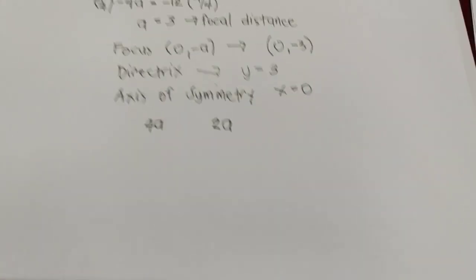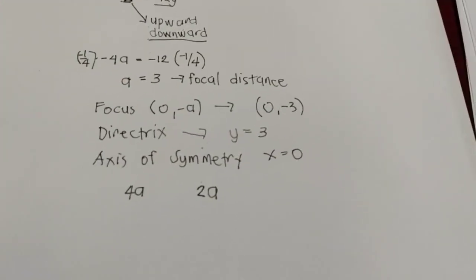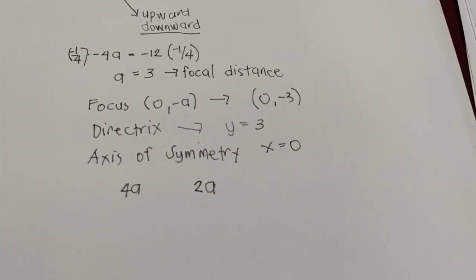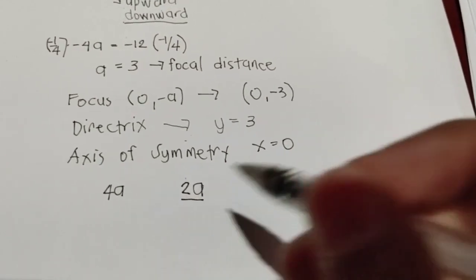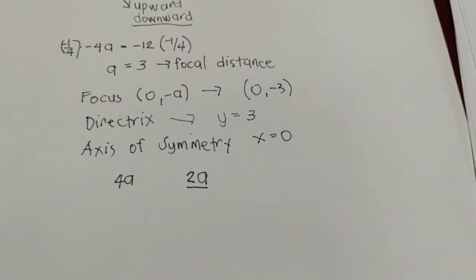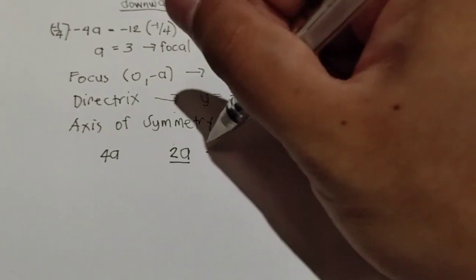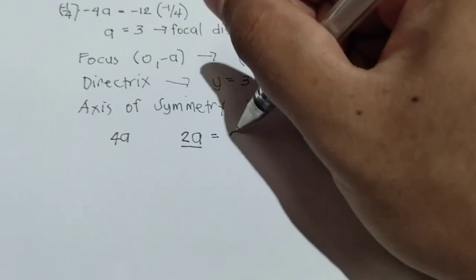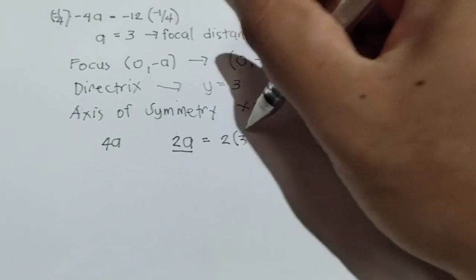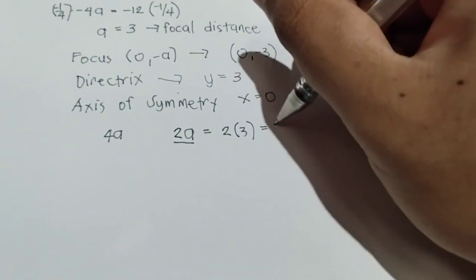So in order for us to get the endpoints of the latus rectum, we need to get 2a, or twice the focal distance. So we have 2a is equal to 2 times 3, then we have 6.